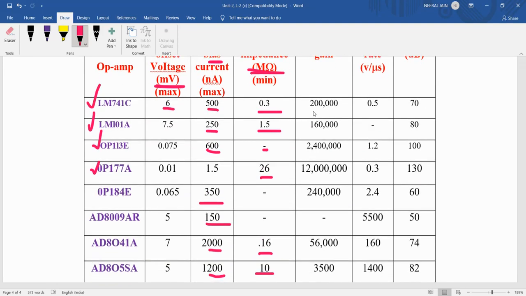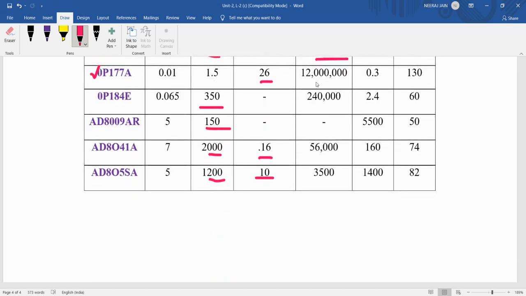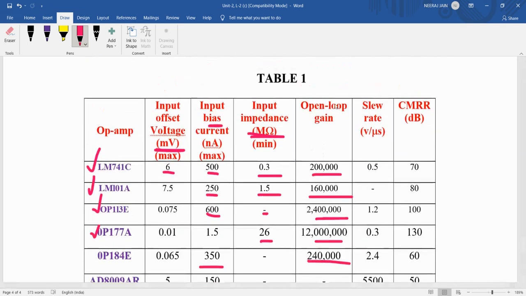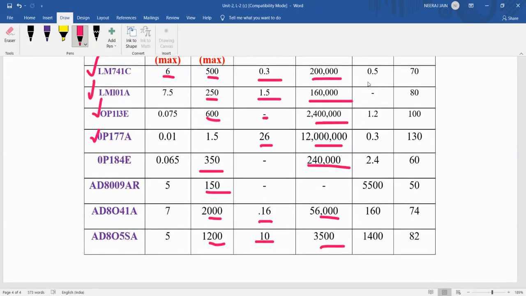Open loop gain is 2 lakh, 1 lakh, 60,000. It is also a very high value, 24 lakh. Too much high gain: 2 lakh 40,000, 56,000, 3,500. That is the open loop gain. Slew rate is 0.5, 1.2, 0.3.